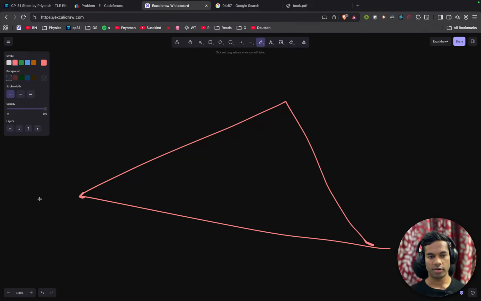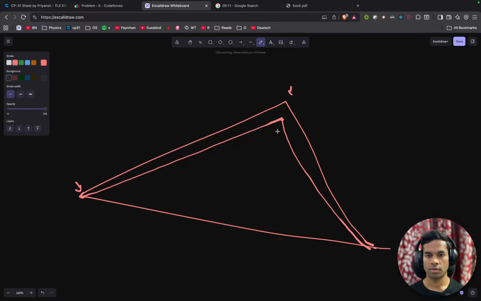Let's say in the worst case, the 3 points that we start with have all of the other points inside. Can we just move forward normally like this? No, we cannot do that.